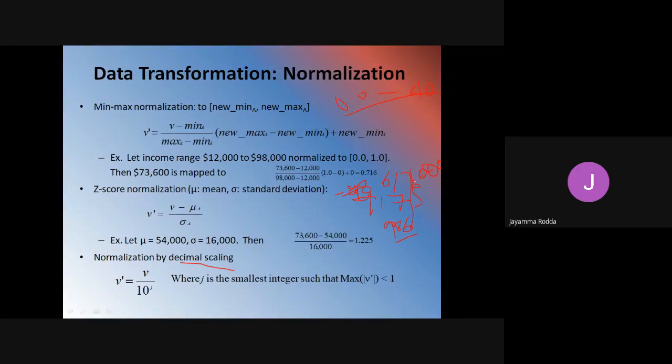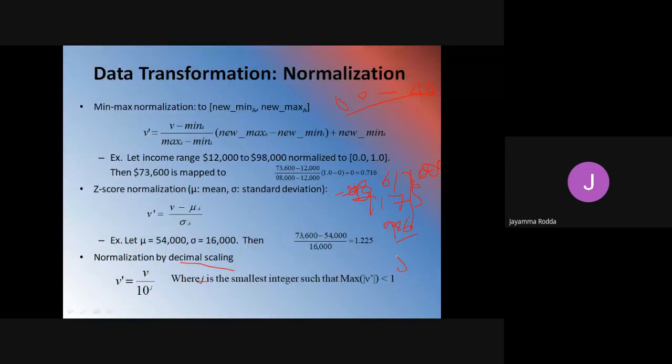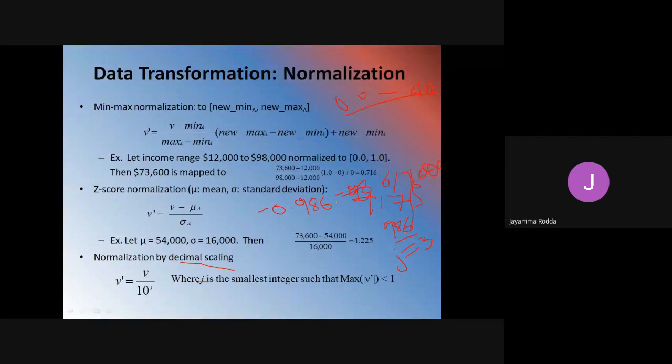When you divide by 1000, what is the j value? j will be equal to 3, because 3 digits are there. So now minus 986 will become minus 0.986, and this 917 will be normalized to 0.917, satisfying the condition 0.0 to 1.0.